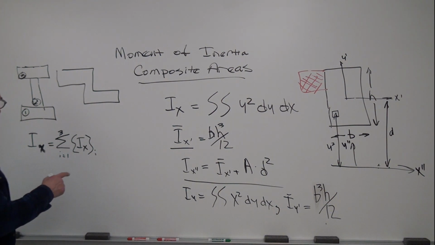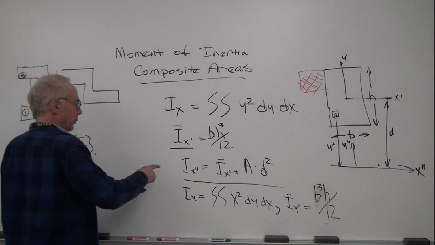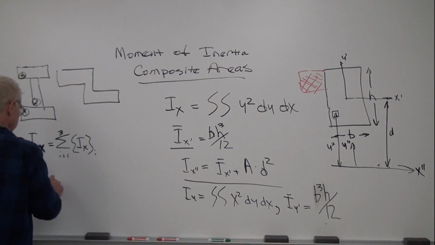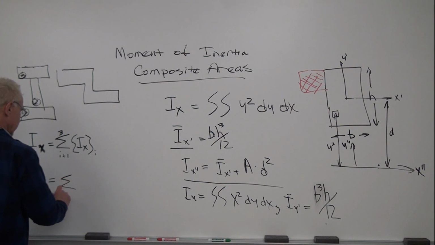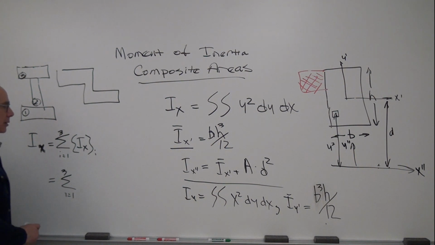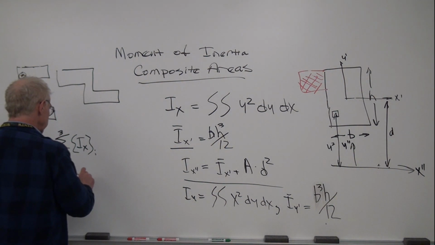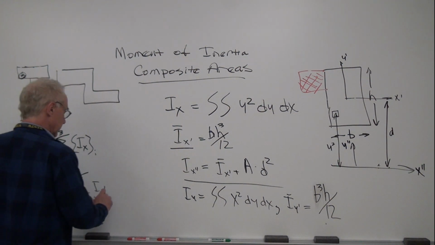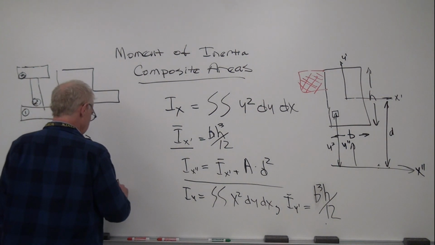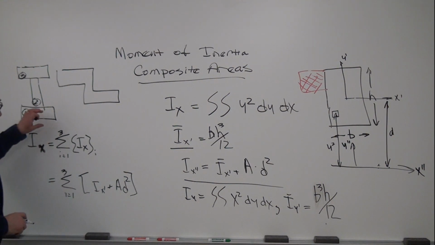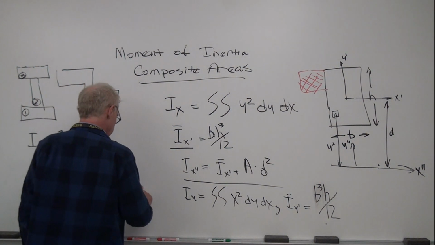So what are the values that we're going to be using? We're essentially going to plug this into here. We end up with a summation, again, i equals 1 to 3 of Ix prime plus A d squared, evaluated for each of the components, so for 1, 2, and 3.